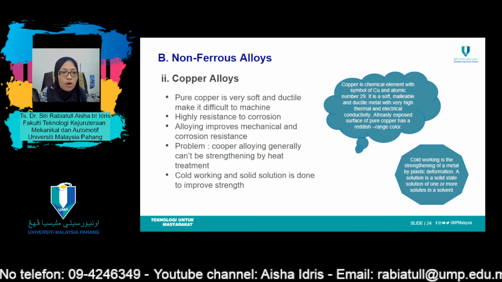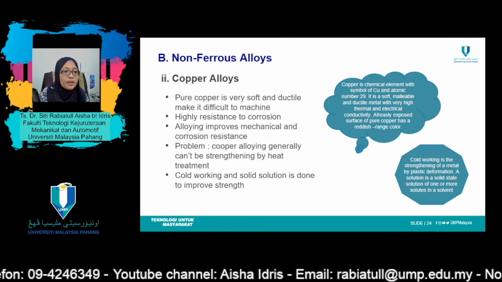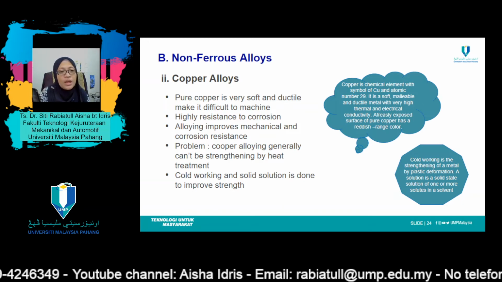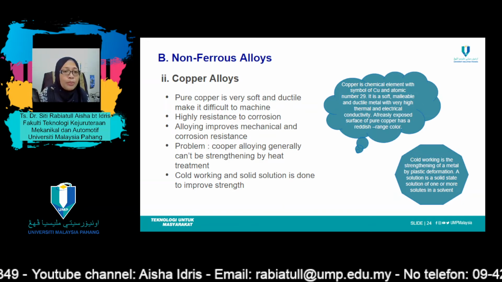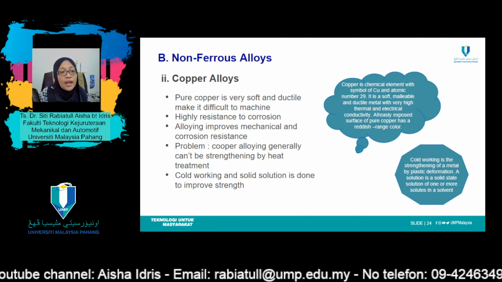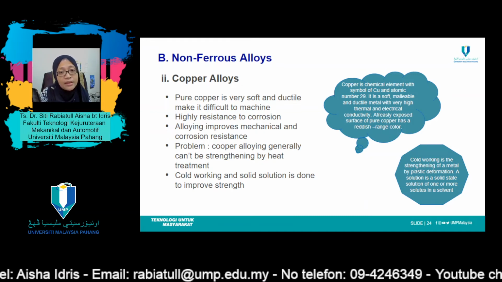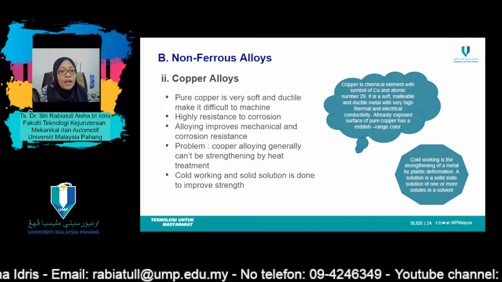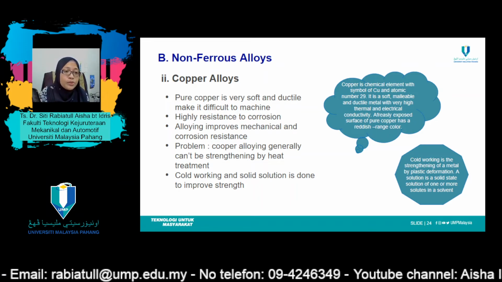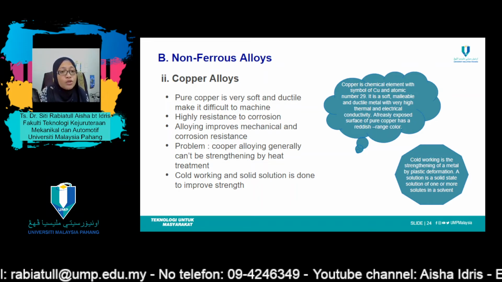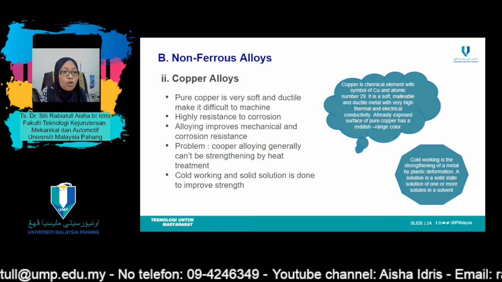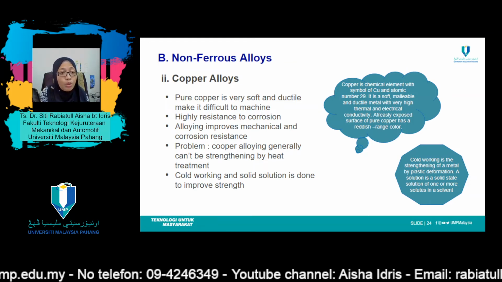Number 2 is copper alloys. Copper and copper-based alloys, possessing a desirable combination of physical properties, have been utilized in quite a variety of applications since antiquity. Unalloyed copper is so soft and ductile that it is difficult to machine. Also, it has an almost unlimited capacity to be cold worked.